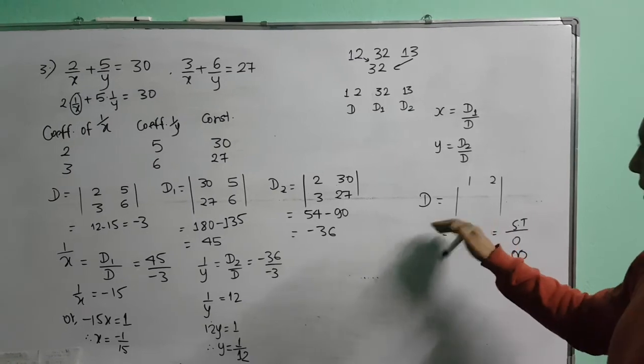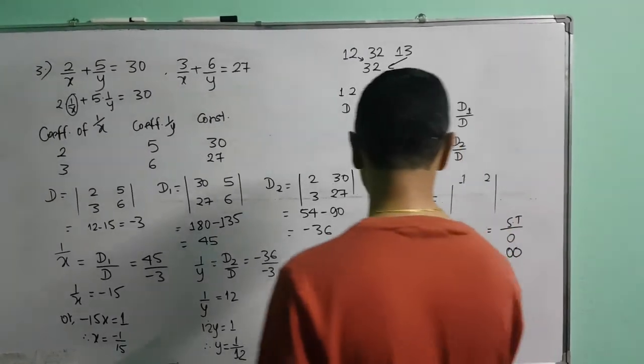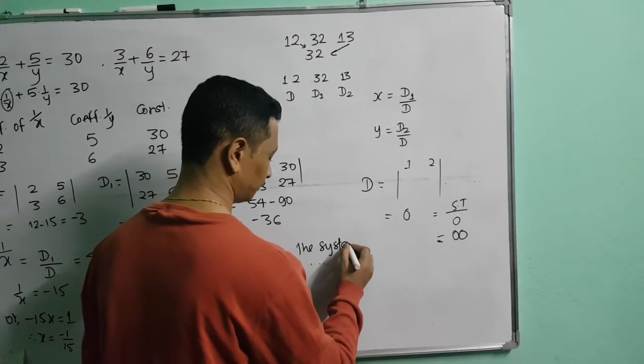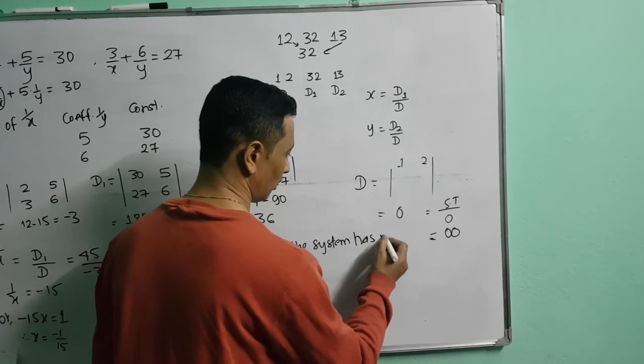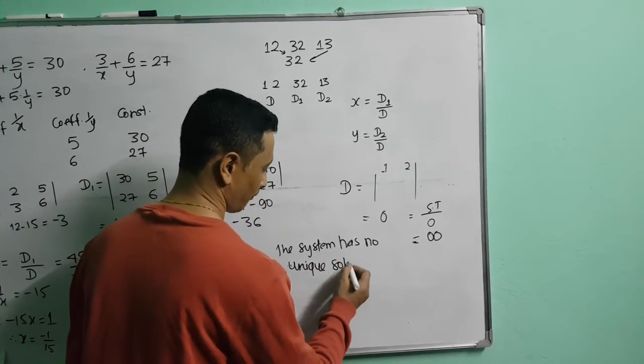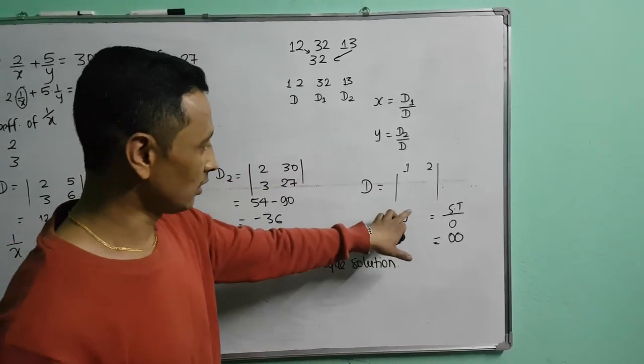So in this case, if you get D equals to 0, you can simply leave the question by writing this: the system has no unique solution. You don't need to proceed after getting D equals to 0.